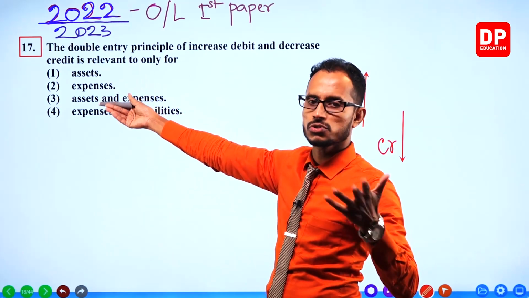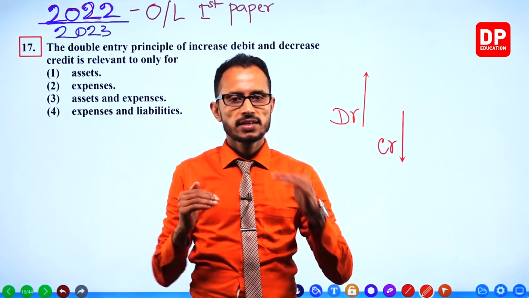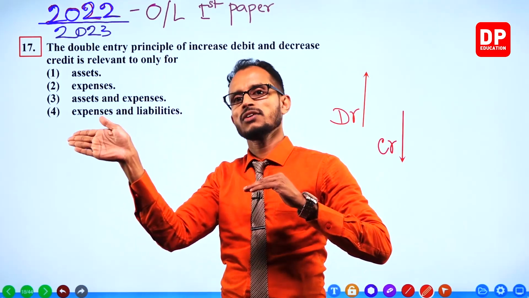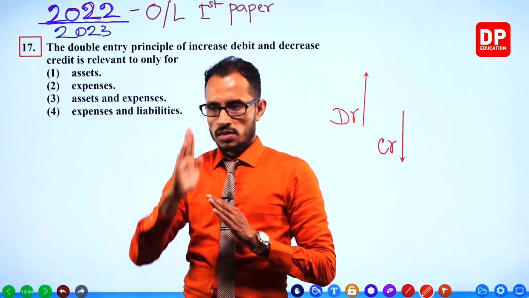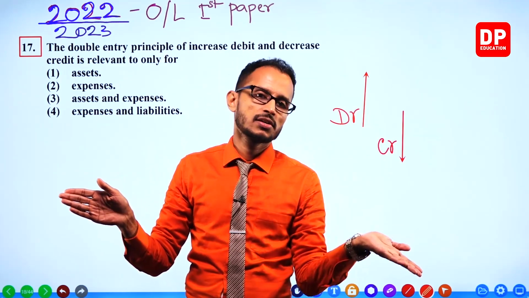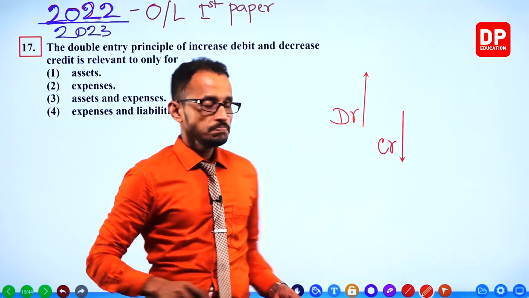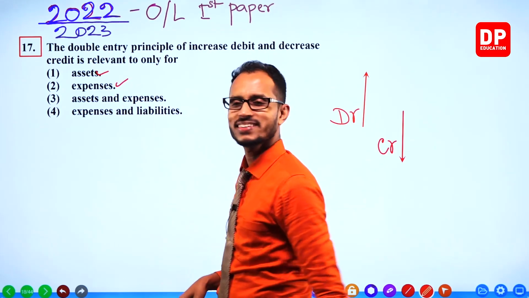Assets, of course, increase debit. When assets increase, you put that increasing value to the debit side of that asset in the double entry ledgers. When an asset decreases, it goes to the credit, right? Increase debit, decrease credit. So asset is okay. Expense is also okay, right?